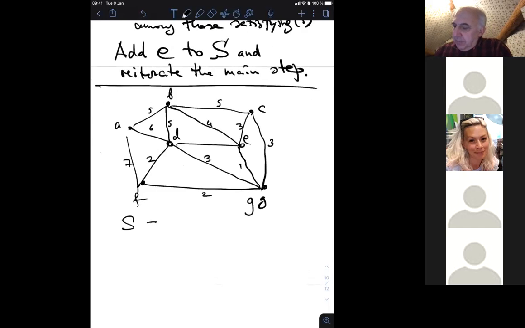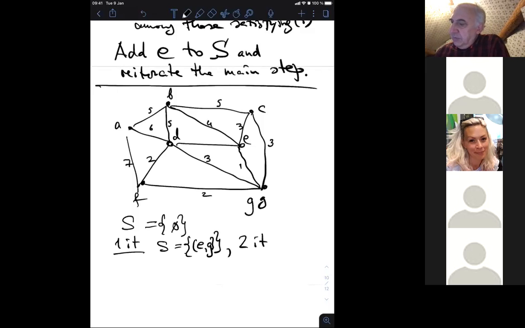So I'm starting with an empty set of edges. And now first iteration, I'll be adding the edge with minimal length, which is EG. It has length 1. Now second iteration, I'll be looking at the remaining edges and checking which one has minimal length and does not create a cycle.